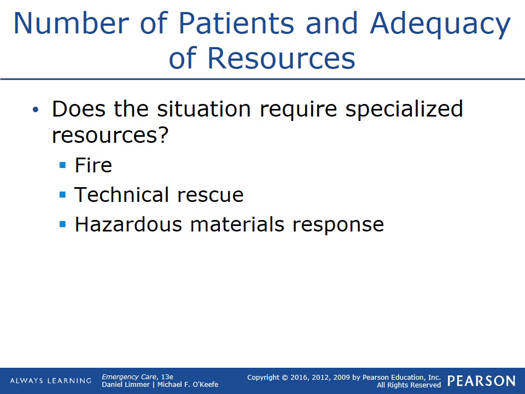Maybe you need fire to come and help with any safety issues, traffic control, potential for fire, hazmat spill, might need a technical rescue of some sort, either water rescue or some rope rescue type thing, hazardous materials response. Do we have the correct resources to deal with that?